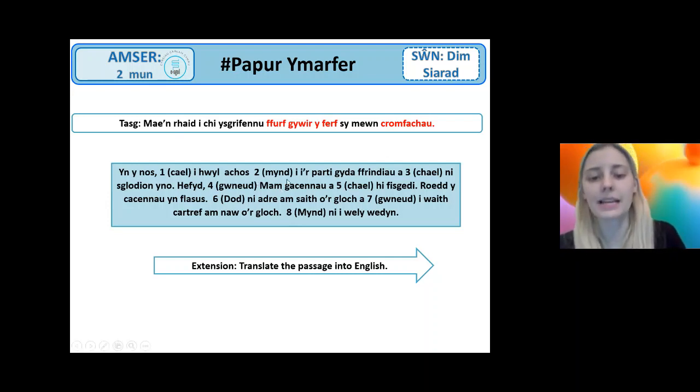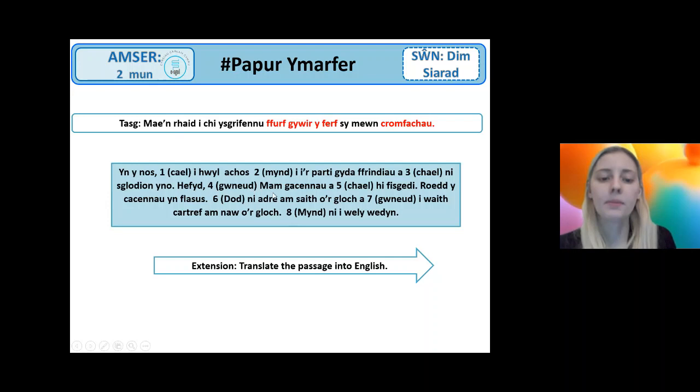So mynd i, you need to change that to the irregular past tense, I went. Cael ni is just a mutation there, because it's after a in Welsh, so it causes the aspirate mutation. So we need, we had.